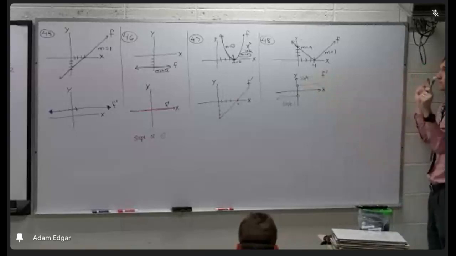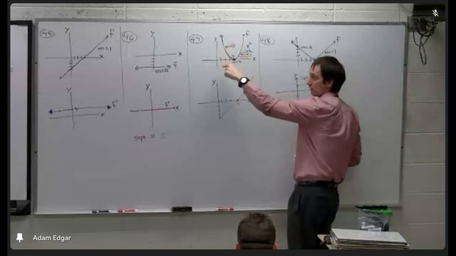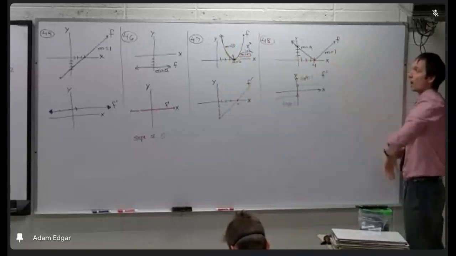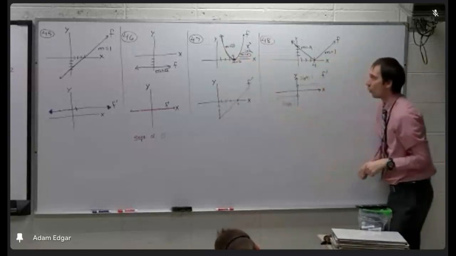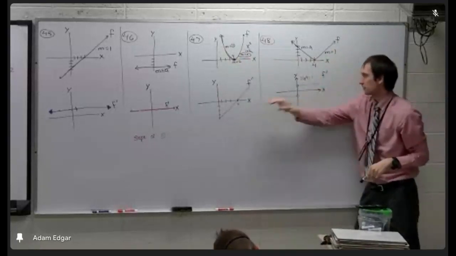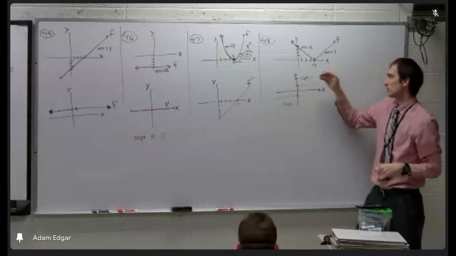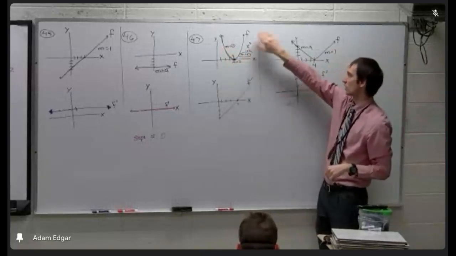Now 47 and 48 are kind of similar. Both of them, you're going down with negative slope, you get to x equals 4, and then you have a positive slope to the right of 4. The main difference is what's going on right at x equals 4. Why are the graphs of f prime different for these two curves when they both have negative slope, changing direction at 4, and then positive slope?